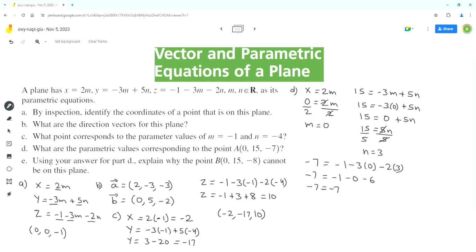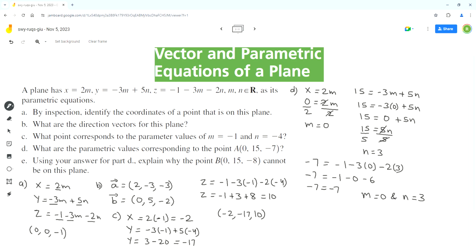So negative 7 is equal to negative 7. Therefore, we can conclude that the parametric values that correspond to the point A are m equals 0 and n equals 3. So this should be the final answer for part D.